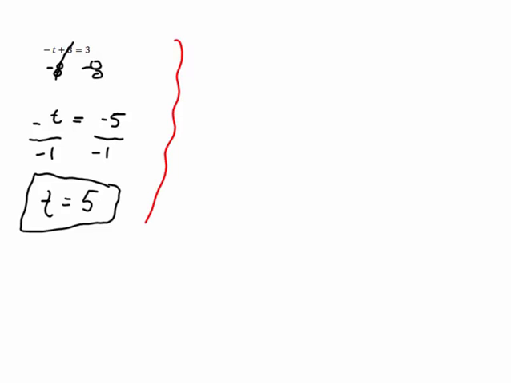Now I also want to solve this problem in a different way altogether. So let me rewrite the original: negative t plus 8 equals 3. There's another way we could do this. Instead of leaving t all by himself and never moving t, why don't we add t to both sides?